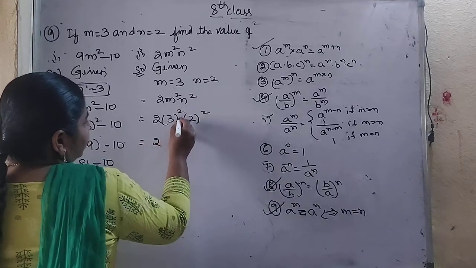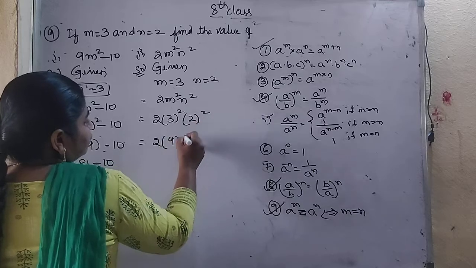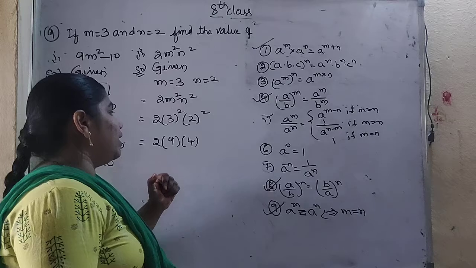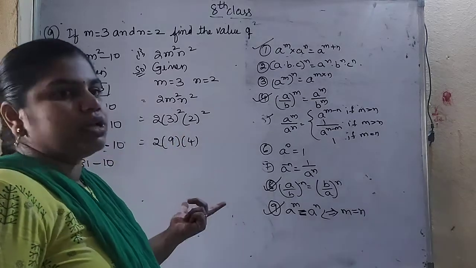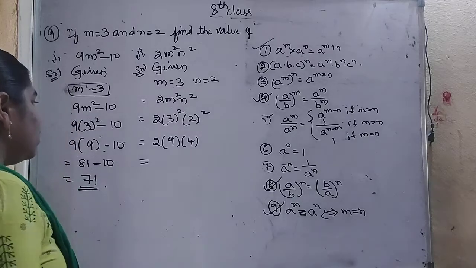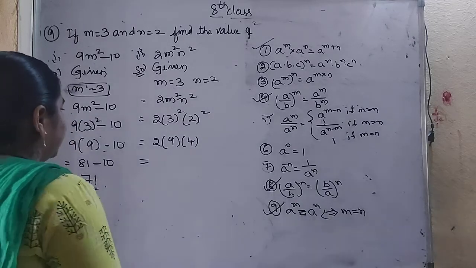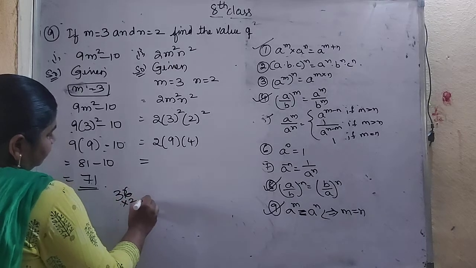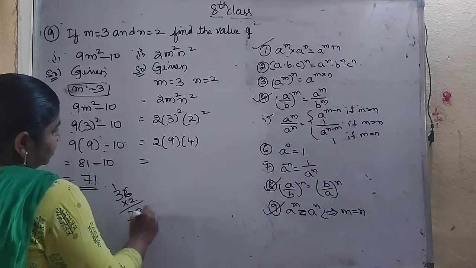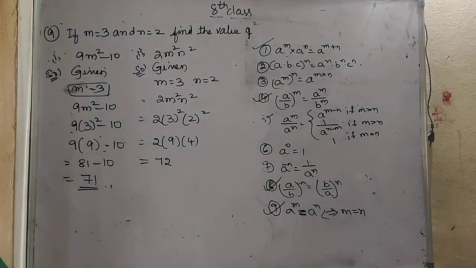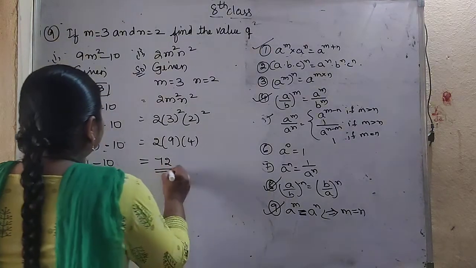So 2 into 3 square will be 9 and 2 square will be 4. If you multiply 3 2 times, that will be 9. If you multiply 2 2 times, that will be 4. So you can multiply here. So 9 4s are 36, 36 2s are 72. So we got the value as 72.